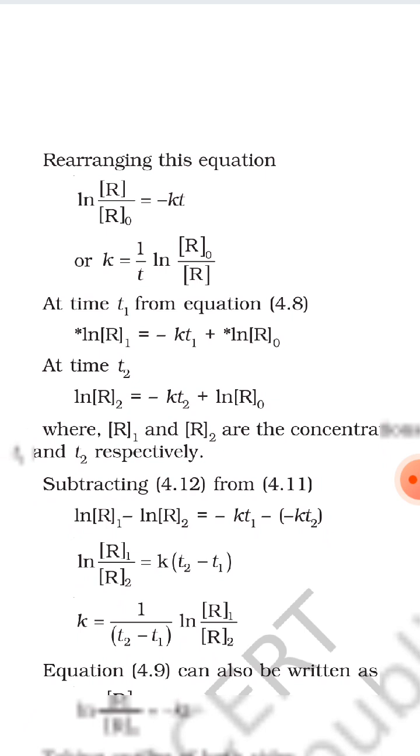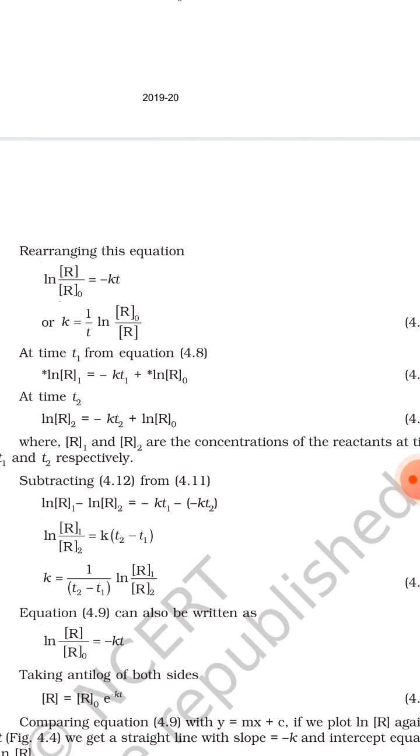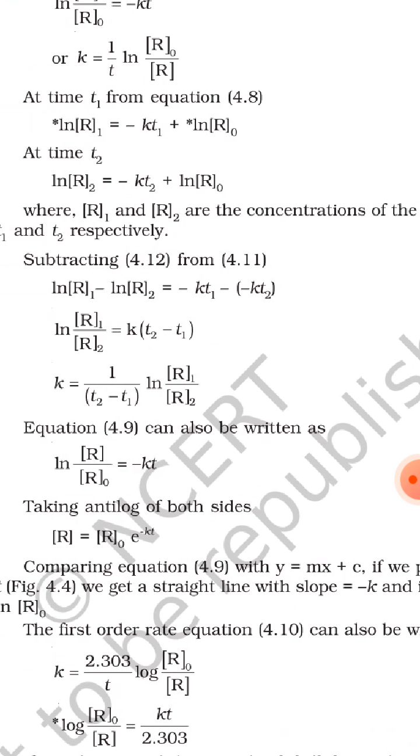At time t1, from equation 4.5, ln[R]1 equal to minus kt1 plus ln[R]0. The star is put to show that the time is no longer 0 seconds, because time has been increasing since the 0 second.